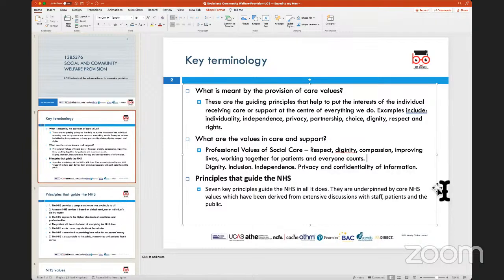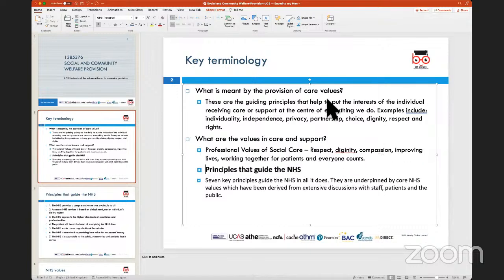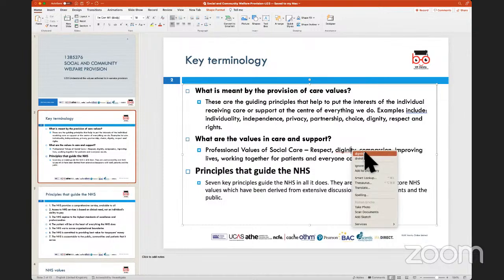So they might be, for example, slightly worded differently, but you are going to see that these professional values or principles of NHS are the six core values that NHS works with and has most of its operations, and most of the services that it provides include all these core values in its delivery.